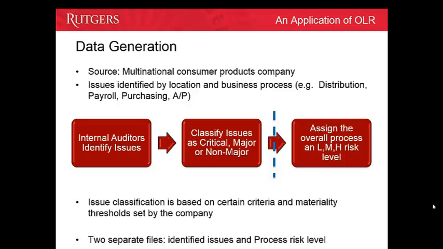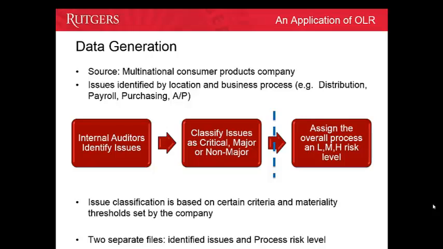So the data in this paper consists of the identification and categorization of audit issues by process identified by the control assessment preparers, in addition to the overall process risk level assessments.